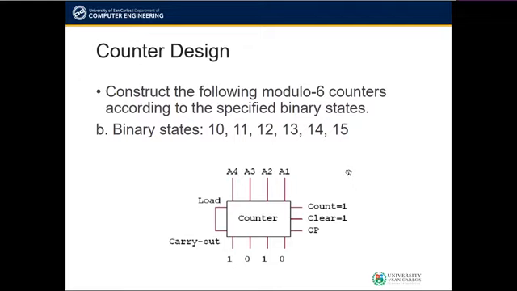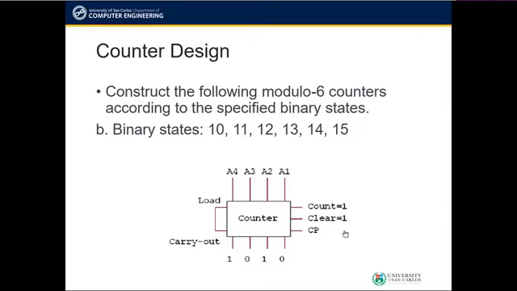Here, to have a count of 10 to 15, the count input is set to 1 because we want the counter to perform the counting operation. The clear input is 1 because we do not want to clear the counter at any point during the counting operation.